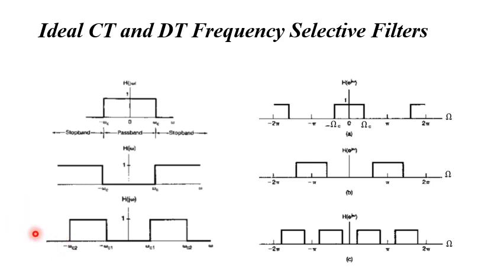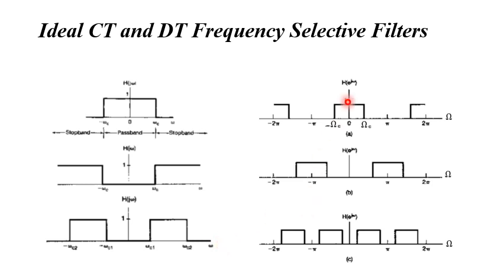This is a stop band. Similarly, the signals having frequencies from minus omega c1 up to omega c1 are stopped. Similarly, all those signals that have frequencies greater than omega c2 will be stopped.